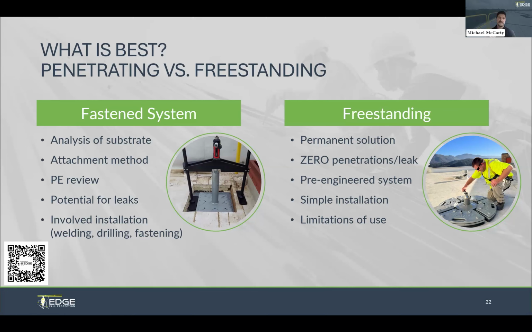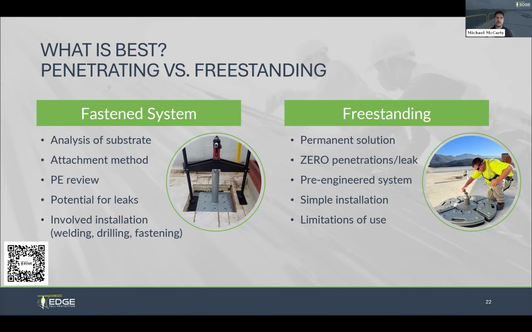How do we attach to that roof deck, that substrate? What's the attachment method? We're almost always going to need to bring in a PE to make sure that we weld, fasten, and drill correctly to the structure so that our system maintains integrity. Anytime you're cutting a hole in your rooftop, you open yourself up to potential leaks. You could void your rooftop warranty.